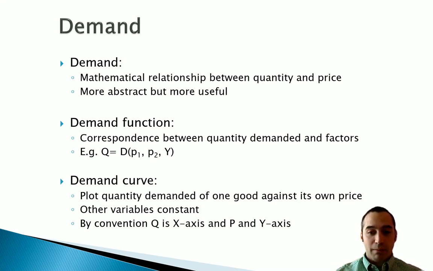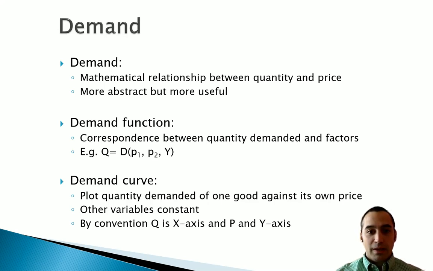At every moment in time, given price, income, all the other things, I can observe quantity demanded, but how does quantity demanded react to changes in the different things that influence quantity demanded? This is something that we can't directly observe. However, I would say it's more useful because it allows us to think about how things change when there's an influence on some of its factors.